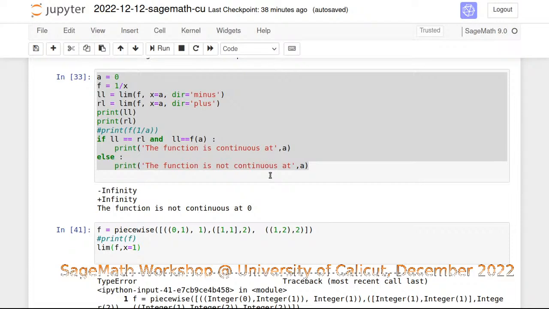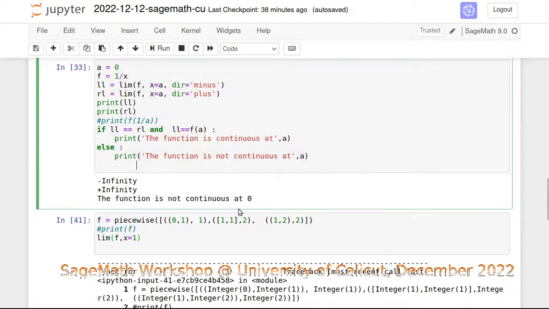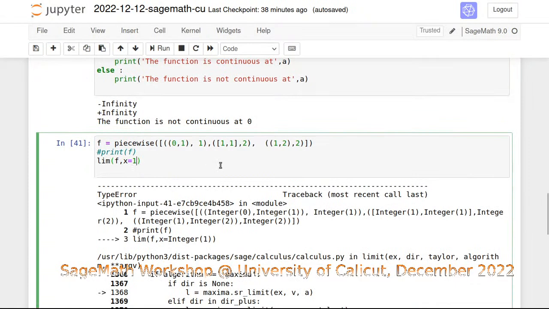Okay, let me just try. I'm getting something from the internet to solve this.